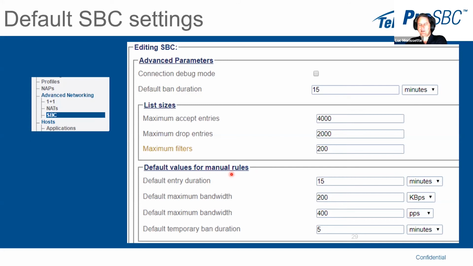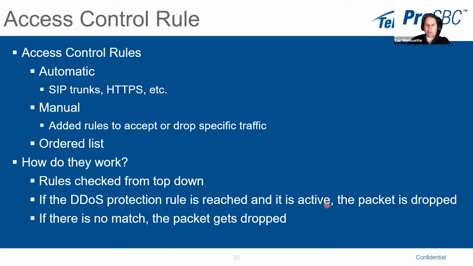If it's just to access the web portal, then you can keep this at a low value so that you don't block the traffic that is valid. Okay, and you make sure that you block invalid traffic here. Okay. But again, you don't need to create manual rules in the system unless you want to do something special.